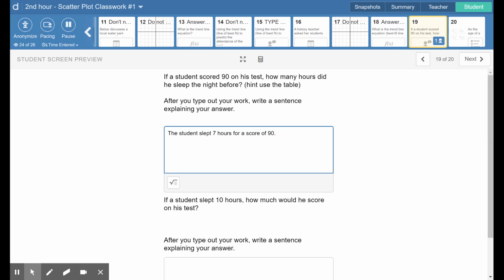Now, if a student slept 10 hours, how much would he score on the test? Now, we want to use the trend line. So this is from the previous slide. So our equation is 6.38x plus 35.63. So we're going to plug in 10, and we're just going to use the calculator.